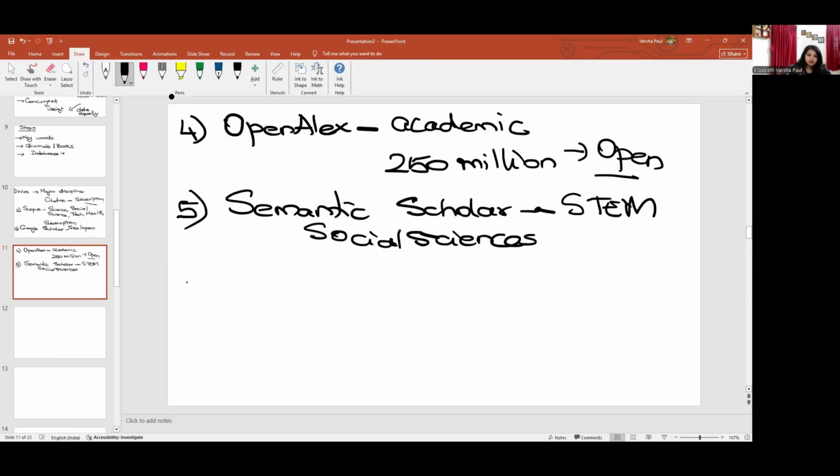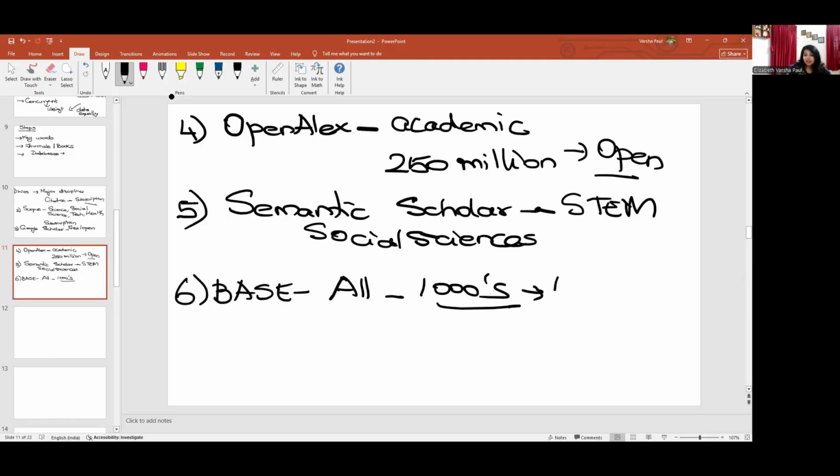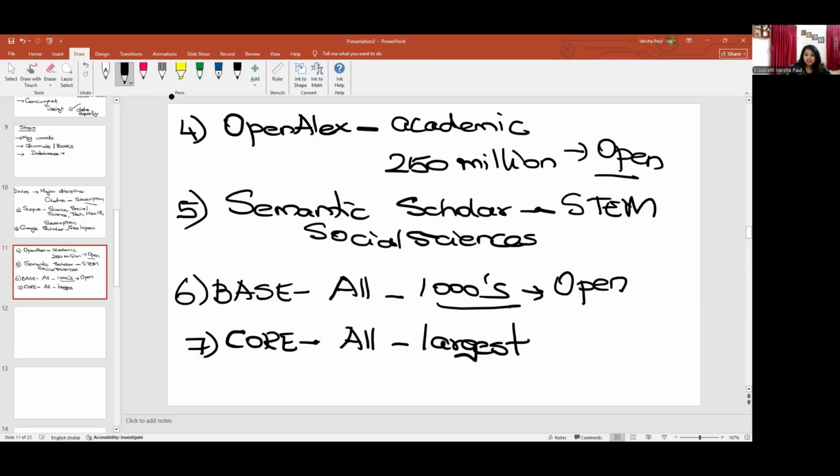The next one is for all academic disciplines, and you get thousands and thousands of papers available. As usual, it's free and open, so you can check on that. And CORE, again, it's for all. It's one of the world's largest collections of research papers, and it is open.